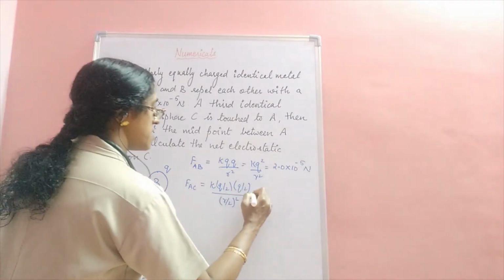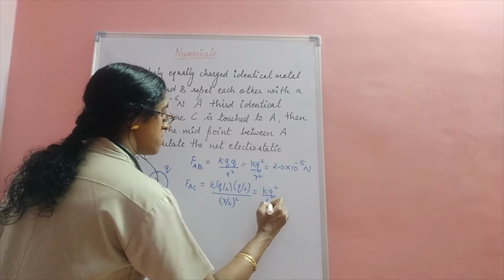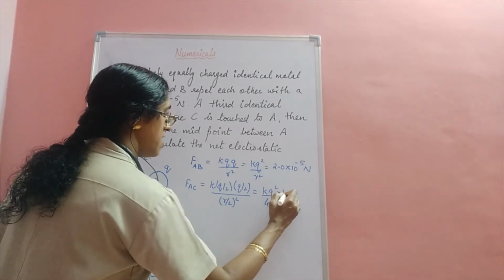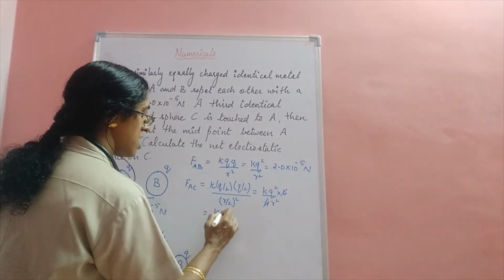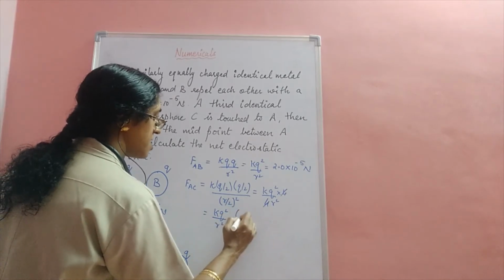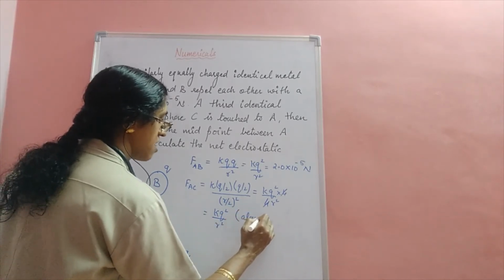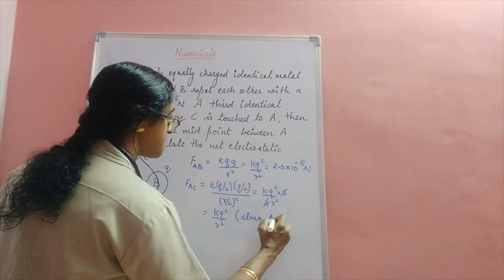So, it would be K Q square by 4 into R square by 4, which equals K Q square by R square. The direction of which would be along AC.